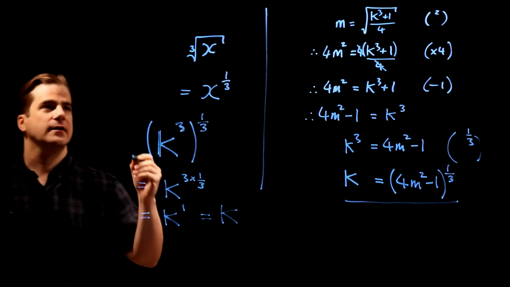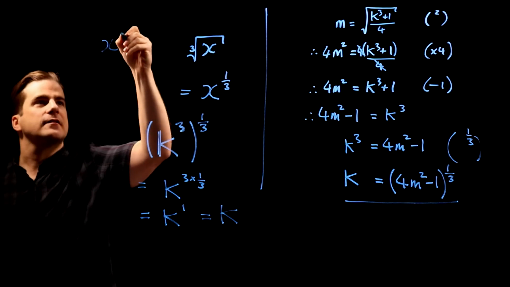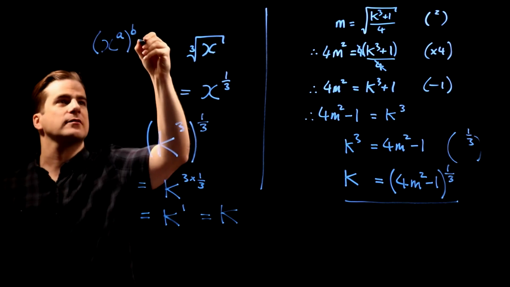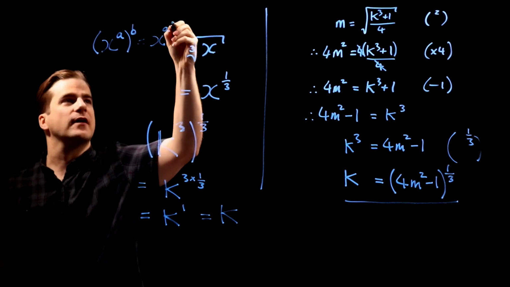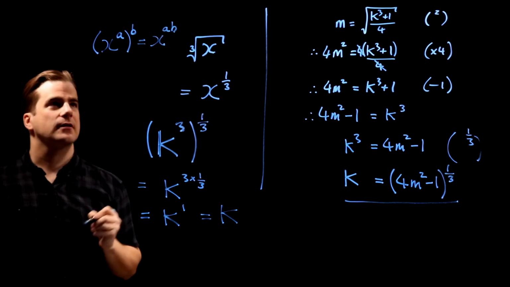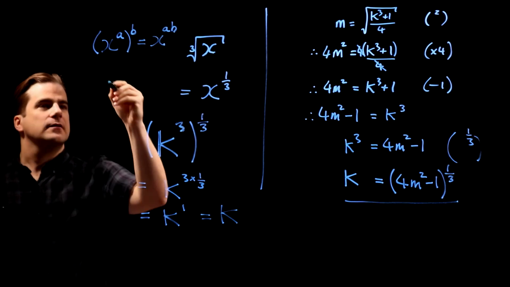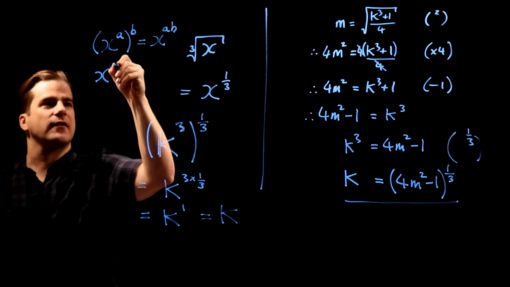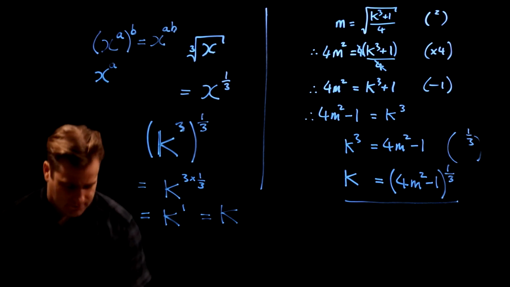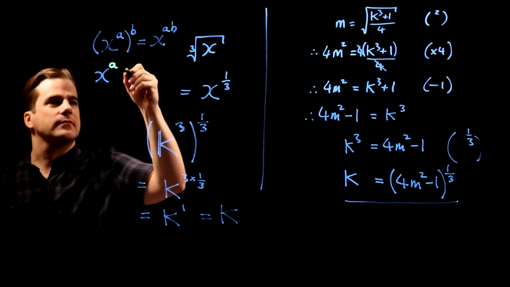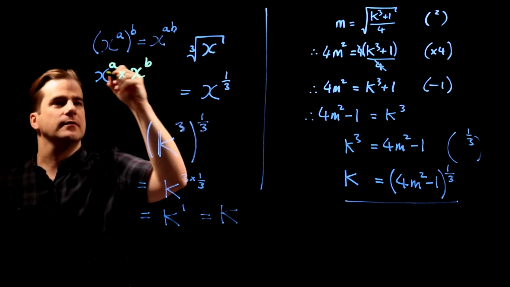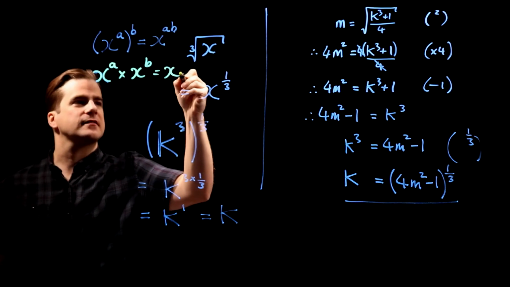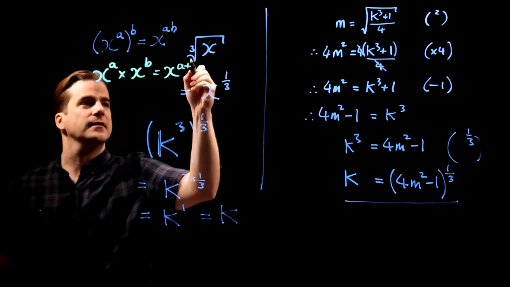Quick reminder, okay? x to the power of a, all to the power of b, that's the bracket rule I was talking about, is x to the power of ab. Okay? x to the power of a times x to the power of b is x to the power of a plus b.